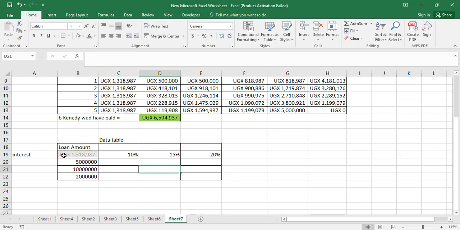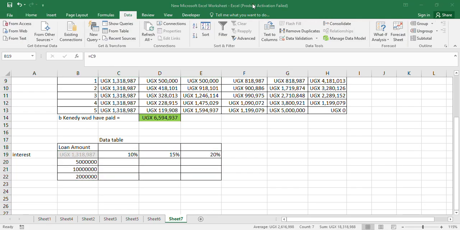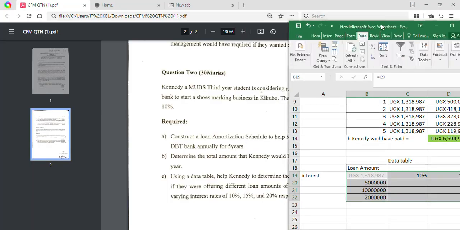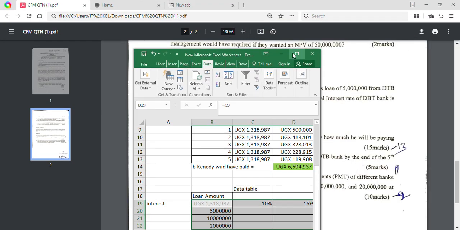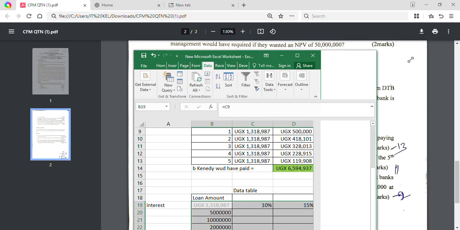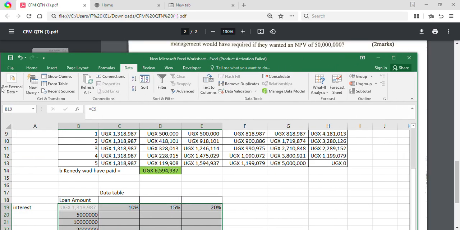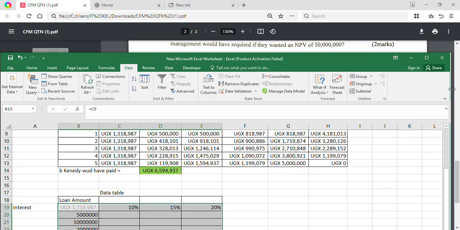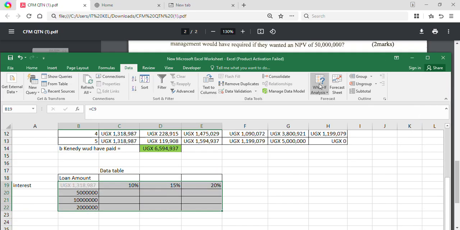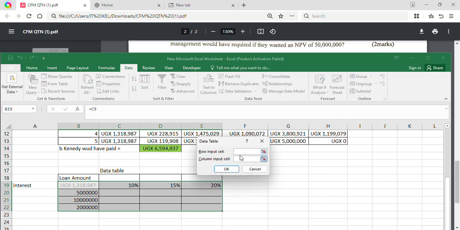Okay. So we shall select the whole of this. And we press the data tab and go to the what if analysis, which is here. We go to the what if analysis and we go to data tables.